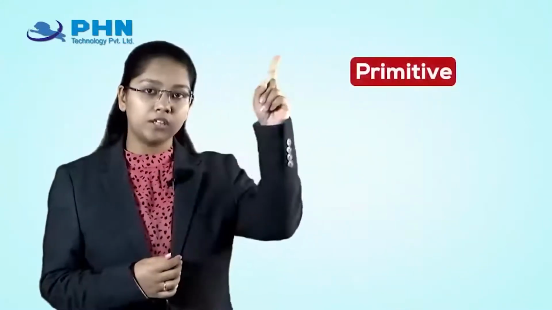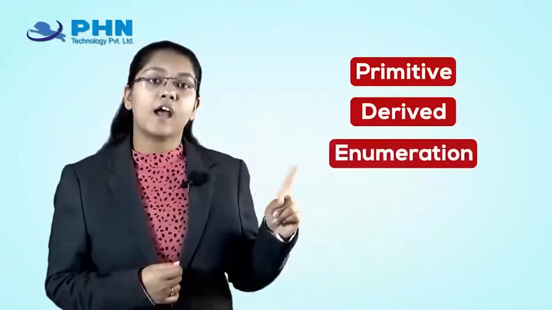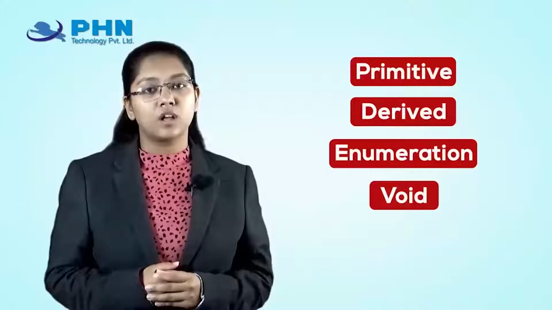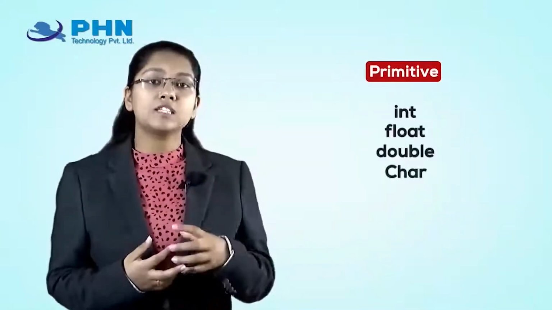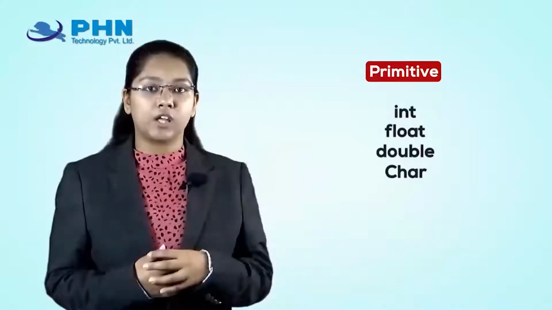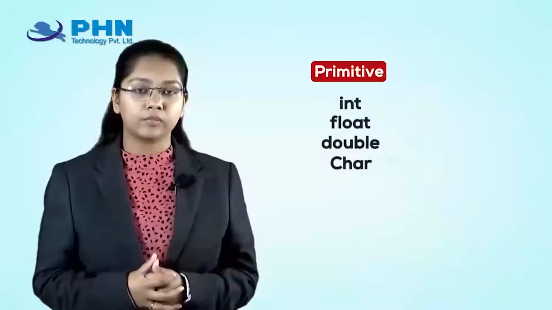These data types are divided into 4 types, that is primitive, derived, enumeration and void data types. These int, float, double, short, these are my primitive data types. These are the data types which we use frequently in every code.